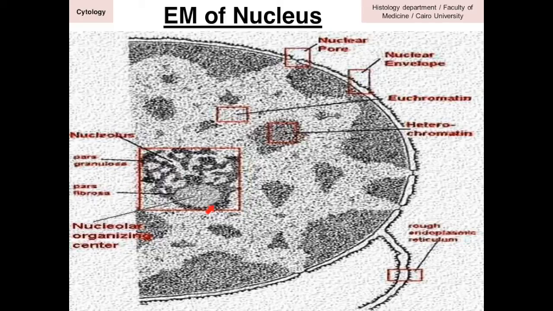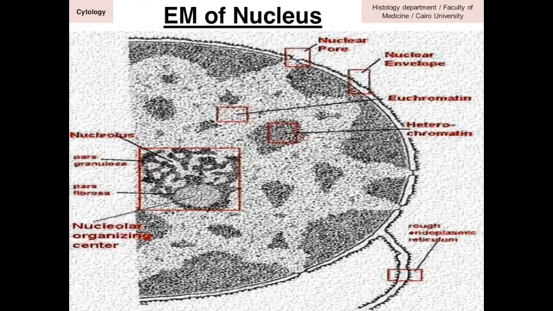All of this spongy structure, not surrounded by a membrane, is called the nucleolus, and it is responsible for the formation of the ribosomal RNA. Again, this is the pars amorpha or nucleolar organizer. This is the pars fibrosa immediately surrounding the nucleolar organizer, and this is the pars granulosa, and these are the light areas where the sap is present.